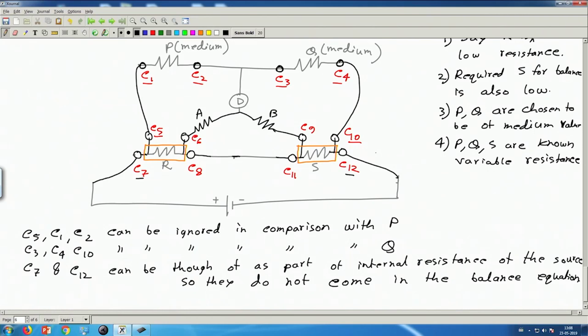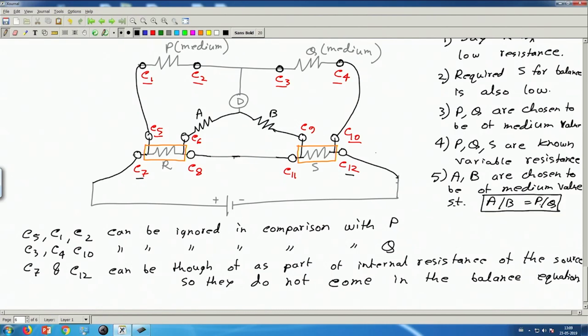Okay, C6 and C9. Now C6 you can think is in series with A. We should choose A to be of medium value, and similarly B we should choose to be of medium value. So A and B are chosen to be of medium value, such that of course A by B is equal to P by Q. So this is what we maintain.